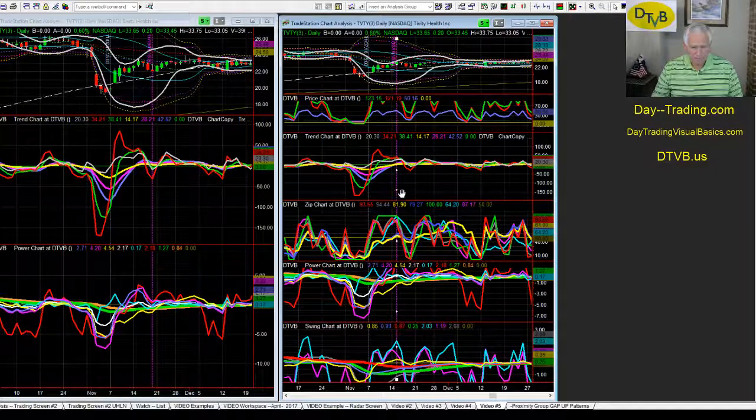Also on this day, with the pink vertical line, we have Zip Zion that has reached 100, and that's a signal. It's not a guaranteed signal, but it tells us that many times the next day price is going to go down, because it's real hard for Zip Zion, which is a line that tracks buyers in and out of the market, to stay up there when it's at 100.